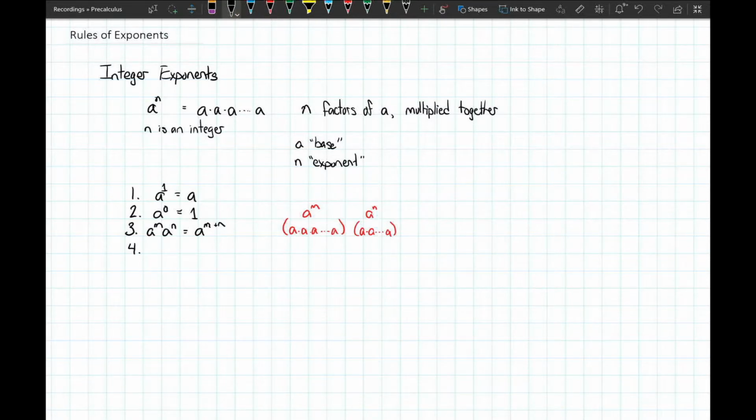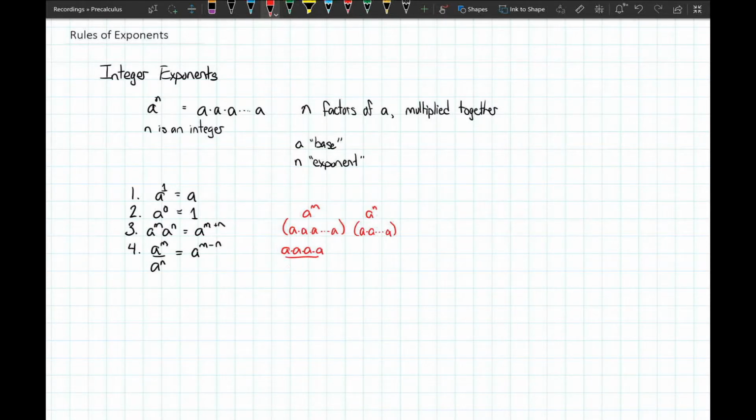All right, rule number 4 is when we start doing division. In the numerator we have a as the base, and in the denominator we have a as the base. If they have the same base, then we can subtract exponents: a to the m minus n. And this is how we learn to cancel out common factors. If we have a times a times a times a, that's a to the 4 on the top.